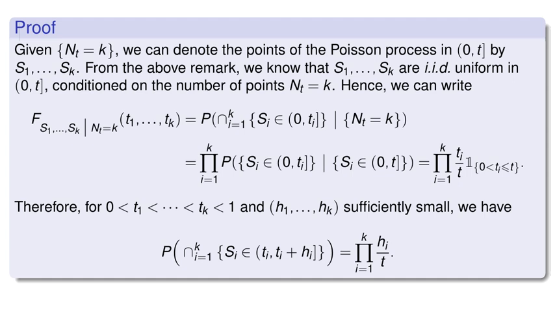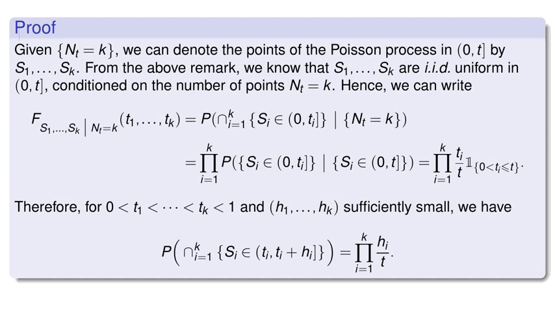Hence, we can write the joint cumulative distribution function F of S1 through Sk given N_t equals k evaluated at t1 and so on till tk. This is the probability of the intersection from i equals 1 to k of the event Si is in the interval open from 0 to ti closed given N_t equals k.